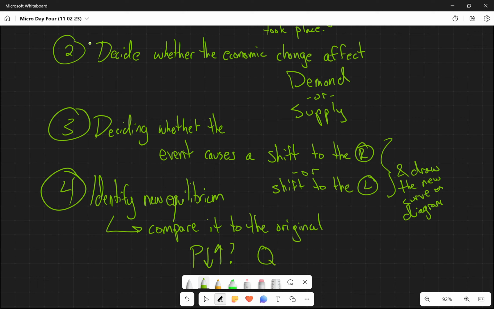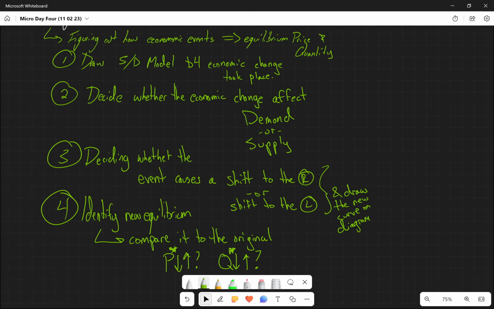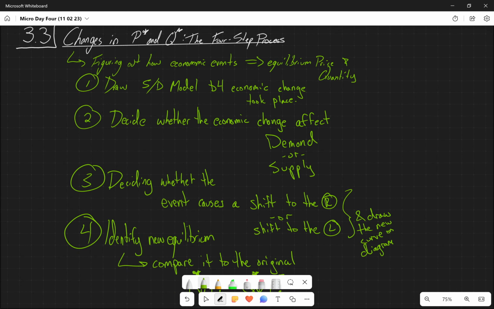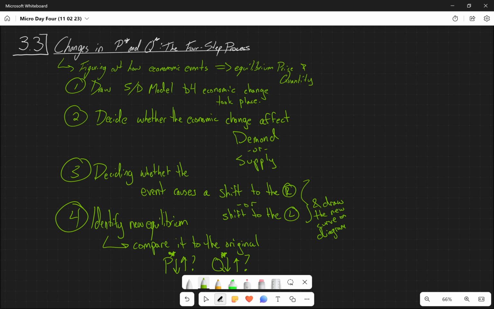And does quantity decrease or increase? Specifically, our equilibrium. What's happening to the equilibrium price and the equilibrium quantity? P star and Q star. Questions on this four-step process? All right, let's go ahead and practice it.